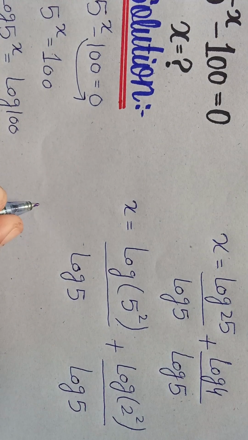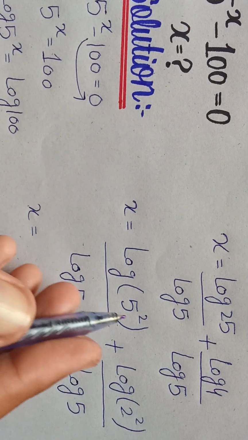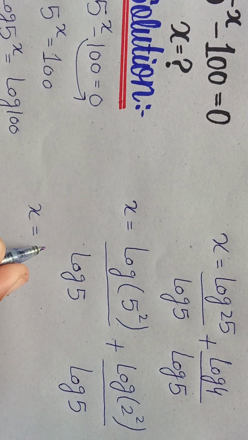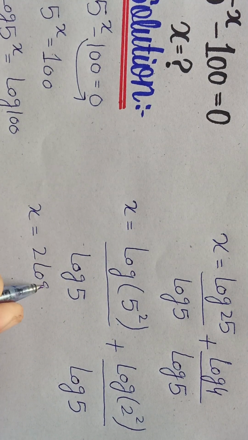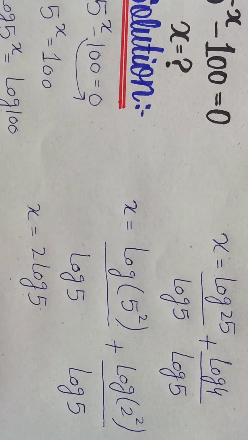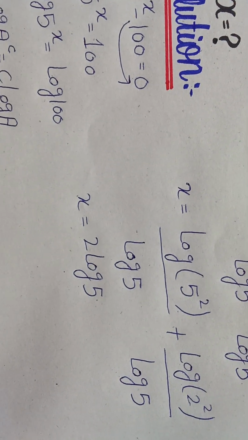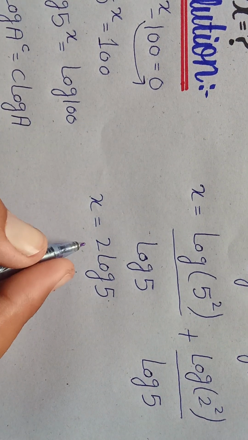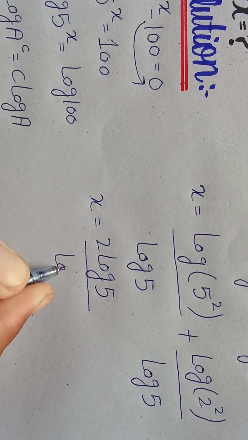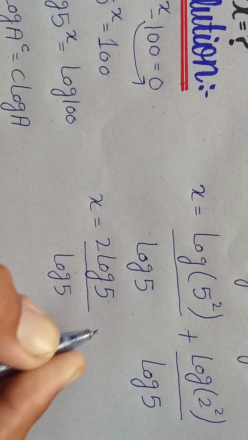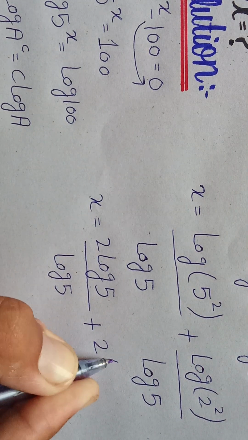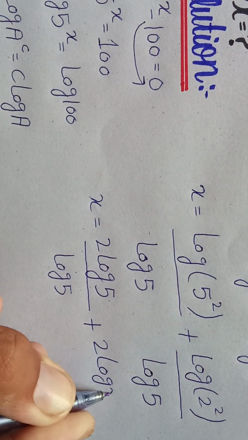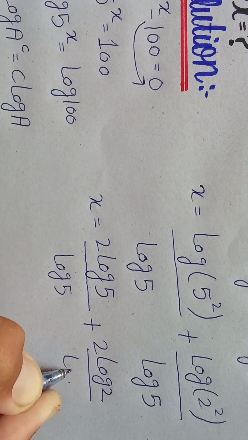Now in the next step, x is equal to these two come before, so 2 into log 5 divided by log 5 plus 2 into log 2 divided by log 5.